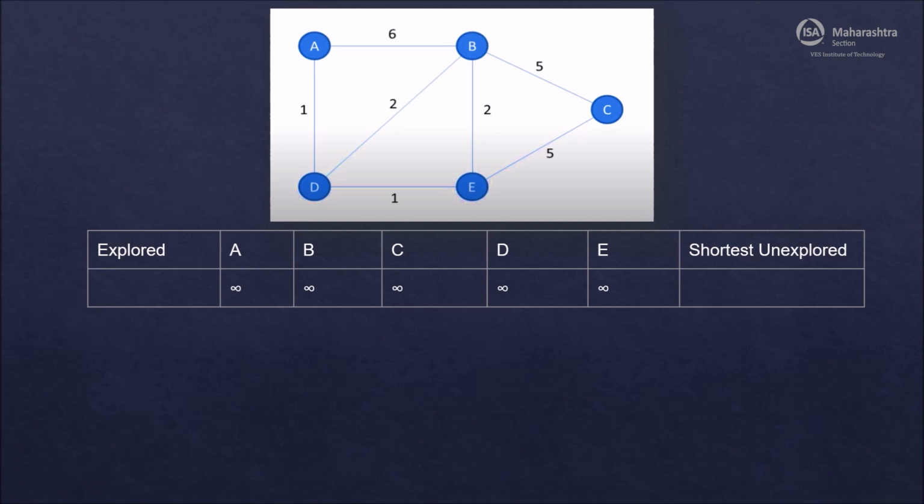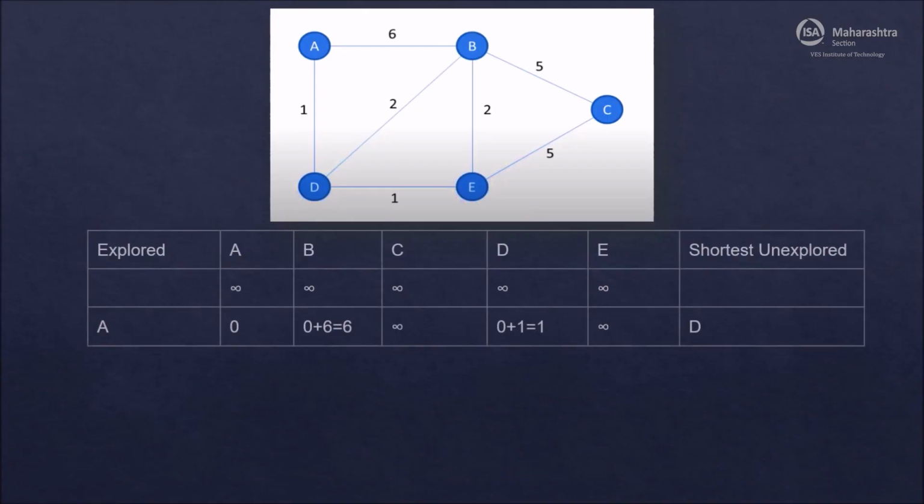Then we have to find the direct distance of each node from A. The indirect nodes such as E and C will remain as infinity. So the values from A to A is 0. From A to B is 6, from A to C is infinity, from A to D is 1 and from A to E is again infinity.